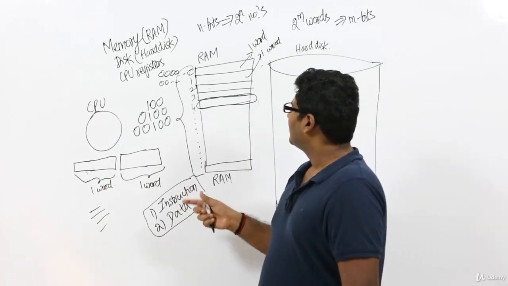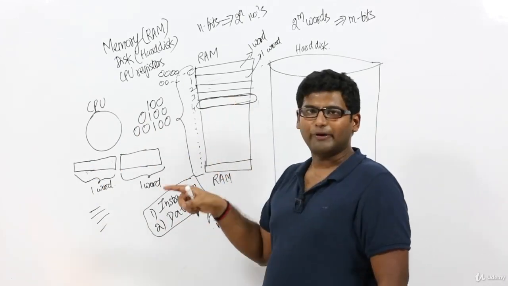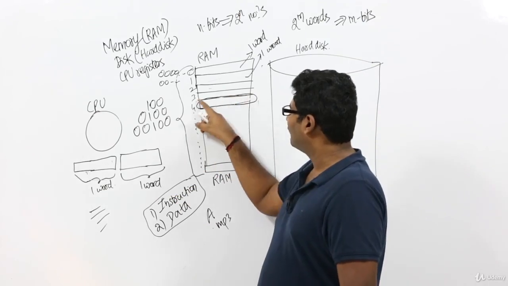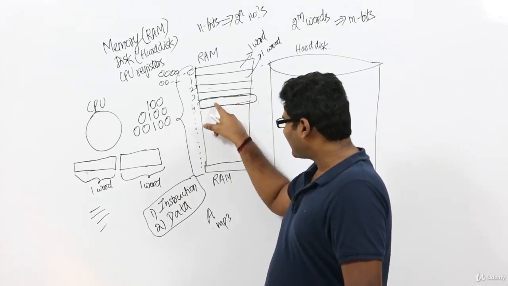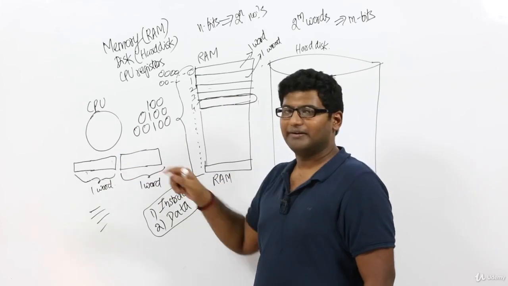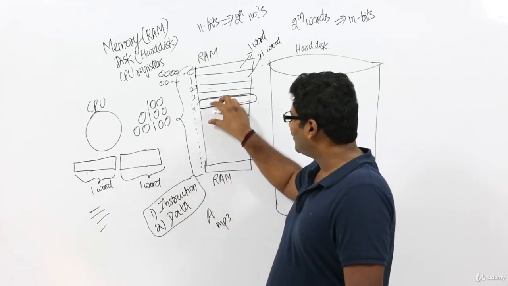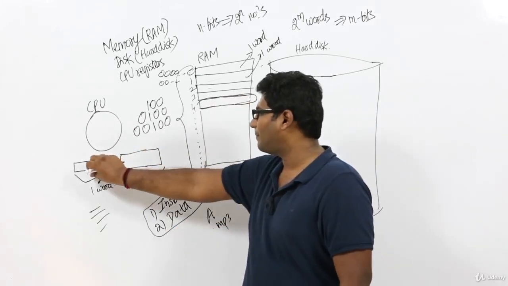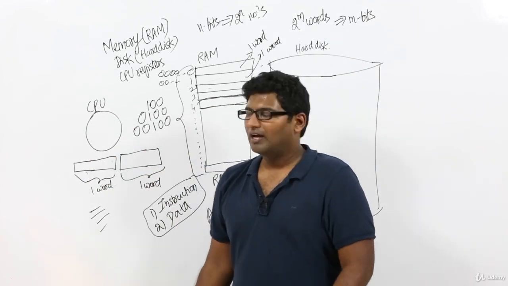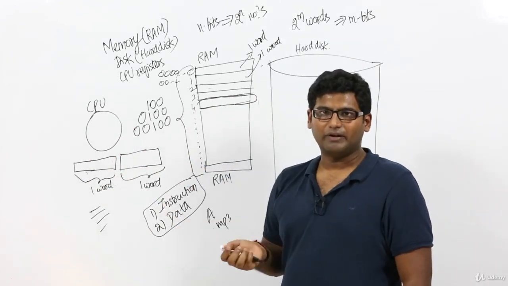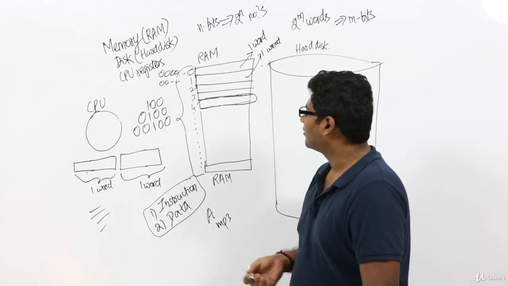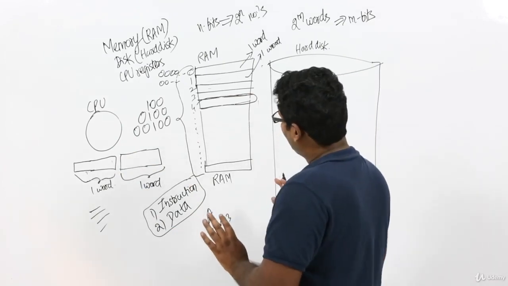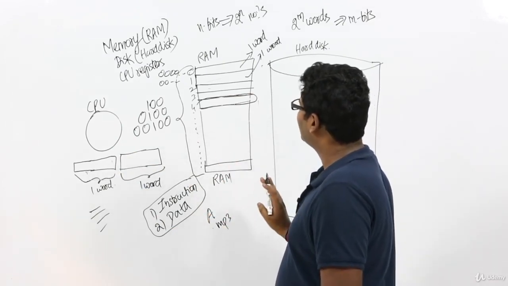The data is actually copied, which means the data at word 4 will be present in RAM as well as in the registers. That is why I am saying this word will be copied from the RAM and pasted inside the registers, so that our CPU can process the data or instruction. This is very important. This is the basics of understanding the RAM.